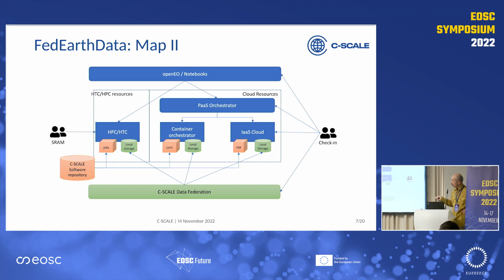Underlying resources, be it high-performance computing resources, container orchestration, infrastructure cloud, and under that, the data federation, which provides the data that are the main reason for users to come to us and to analyze them at our resources.